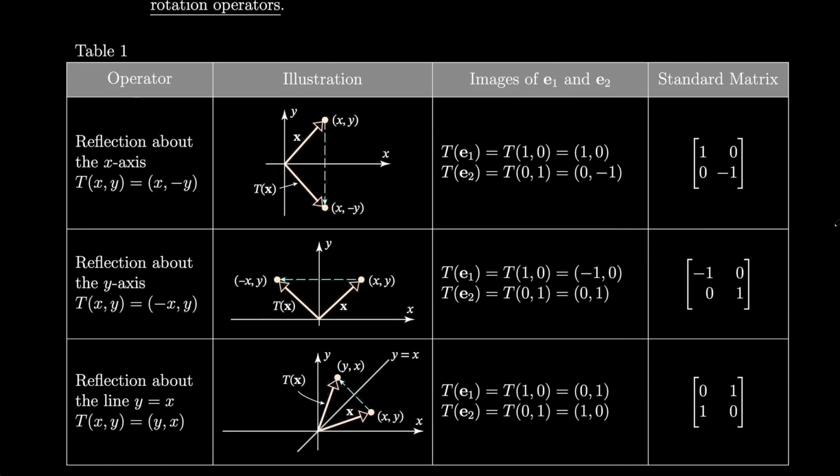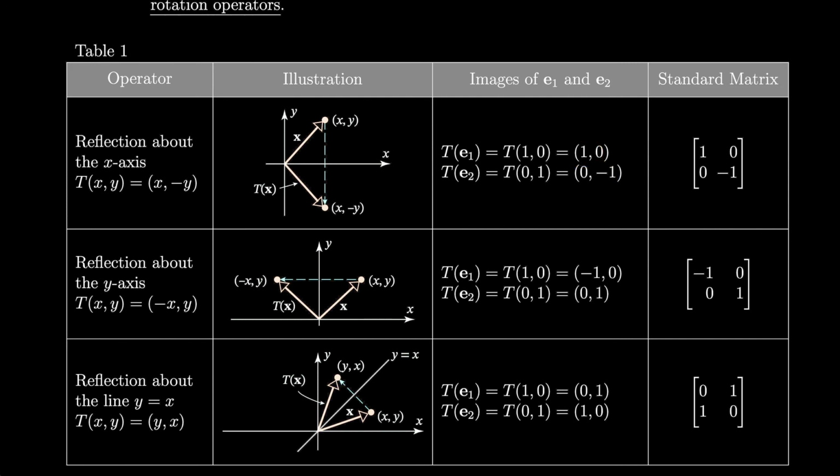If we want to reflect about the x-axis, so we're taking a point over here, we're reflecting it so that it pops out over there, using some transformation, then you might have learned that that transformation is given by the coordinates x, minus y if you started with x, y. But using transformation terminology, that means that it takes the standard basis vector e1 and standard basis vector e2, and it sends them to 1, 0, and 0, minus 1.